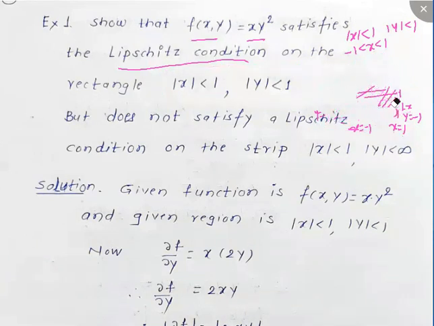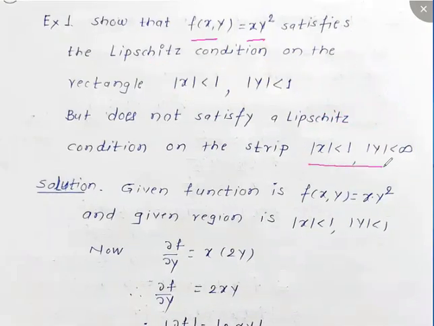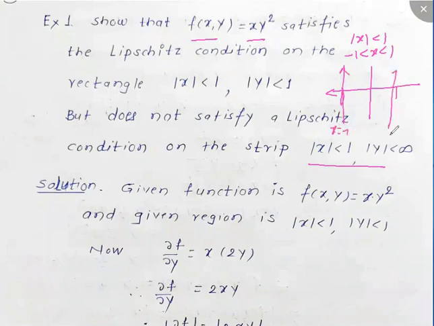And what is a strip? Mod x less than 1, that is the same, -1 less than x less than 1, the same region. This is -1, this is +1. This line is x equal to -1, this is x equal to +1, and this is the y-axis, which is x equal to 0.